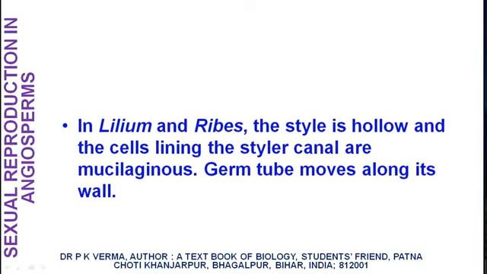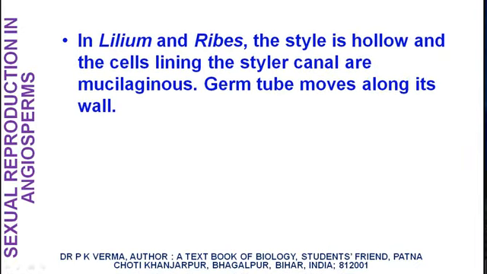However, there are certain unique cases. In Lilium and Ribes, the style is hollow, and therefore the pollen tube develops along the wall of this hollow stylar canal. The surface of the wall is usually mucilaginous.